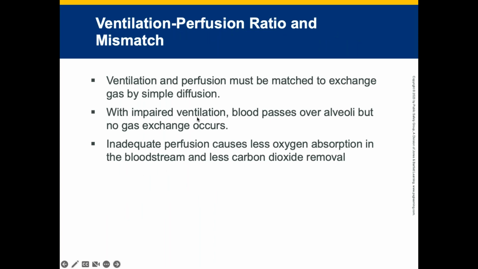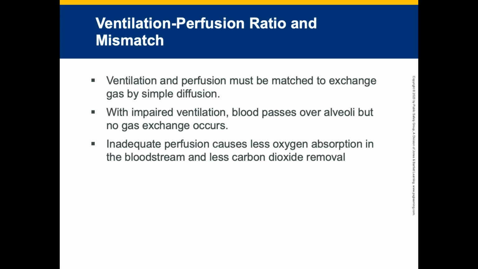So the ventilation perfusion ratio and mismatch, we're talking about the VQ mismatch, is to exchange gas by simple diffusion, ventilation, and perfusion that must be matched. Failure to match ventilation and perfusion, the VQ mismatch, contributes to most abnormalities in oxygen carbon dioxide exchange. Again, end tidal versus pulse oximetry.